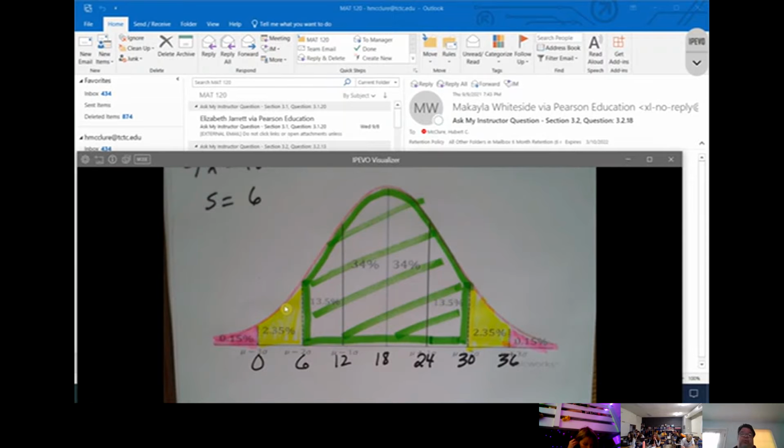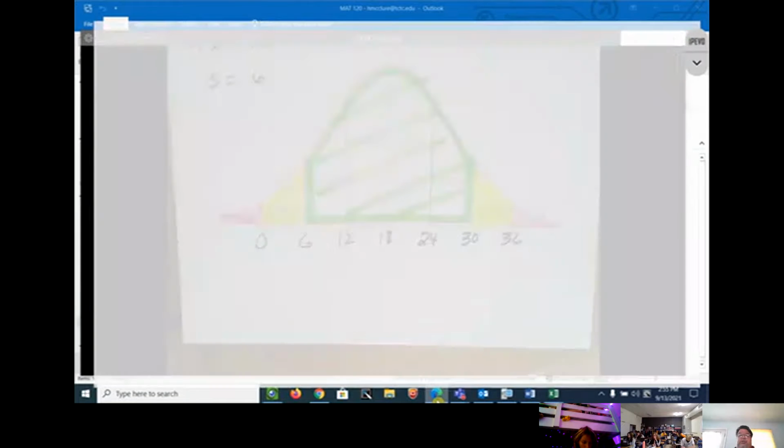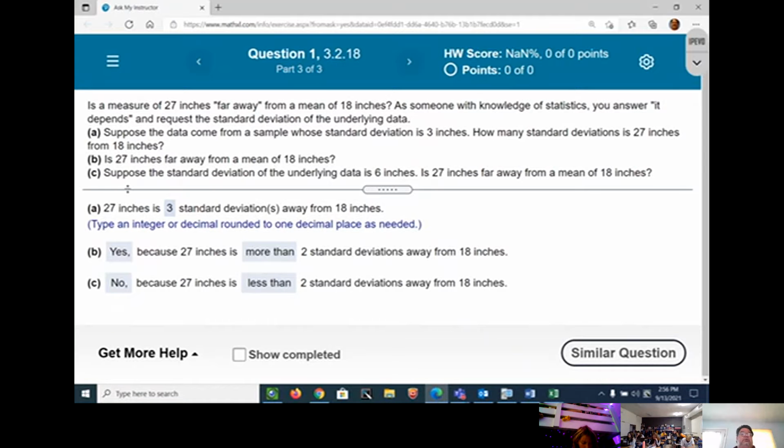So what do they ask? What does C say? Suppose the standard deviation is 6 inches. Is 27 inches far away from the mean of 18? Yes or no? 27 inches would be right here.